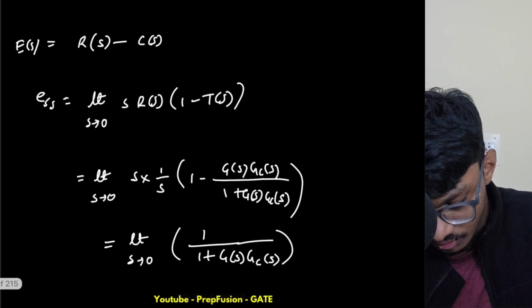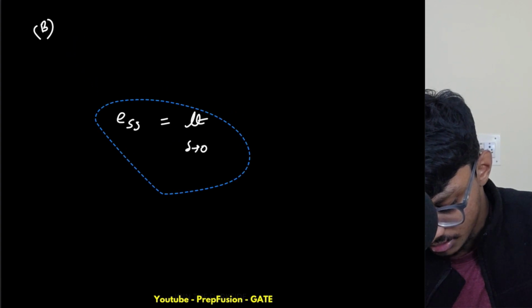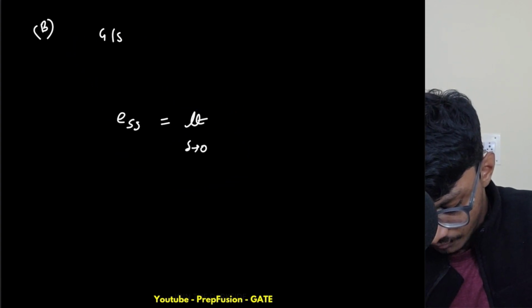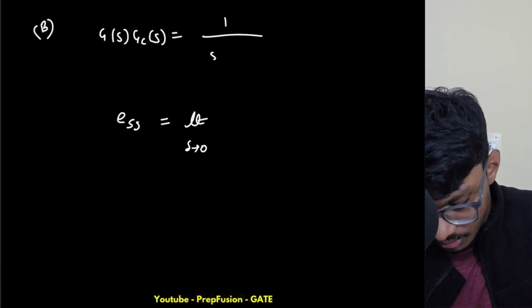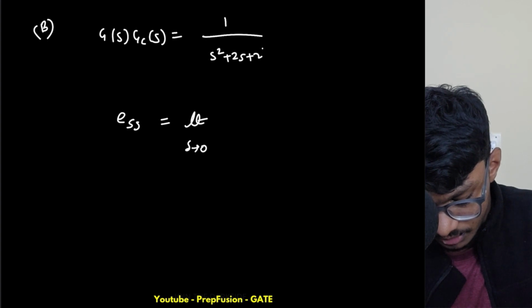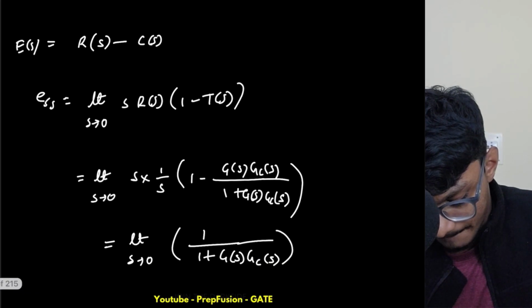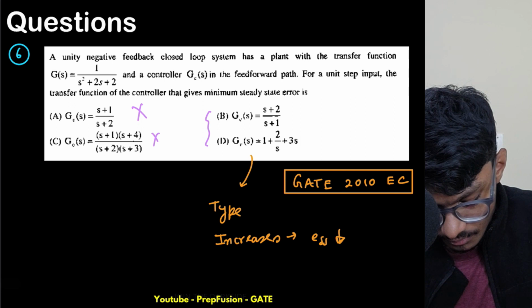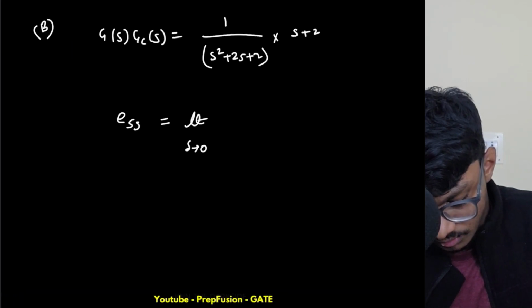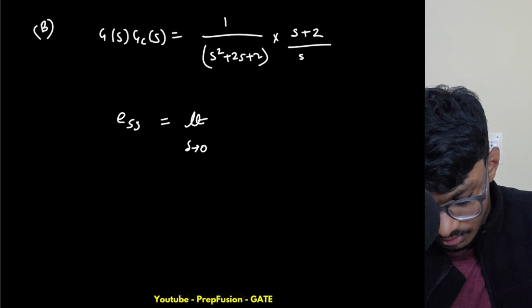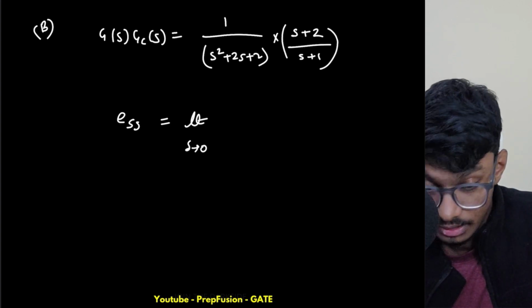What is my multiplication of G into Gc(s)? G(s) into Gc(s) for the B case is simply 1 upon s square plus 2s plus 2, into s plus 2 upon s plus 1. Okay, so this is the lag compensator.